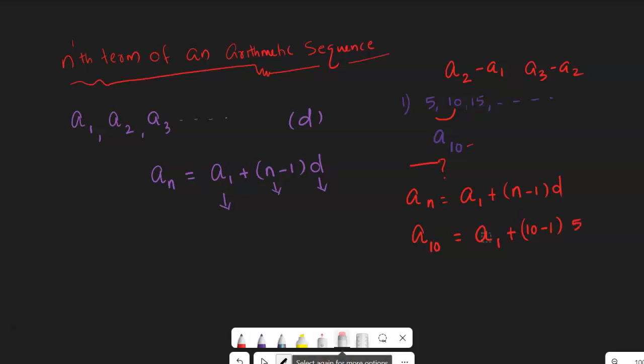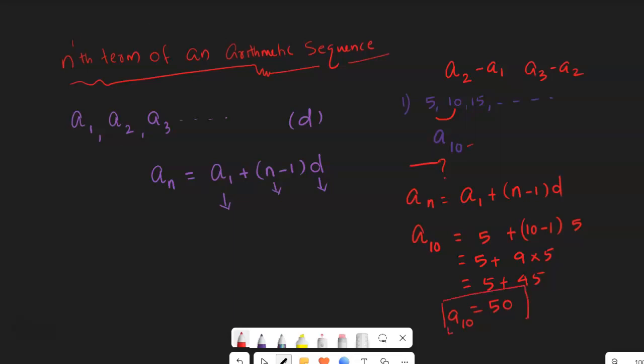The a1 is the first term, so 5. So that is 5 plus 10 minus 1, which is 9, times 5. That is 5 plus 45. So the answer is 50. The 10th term of the sequence is 50.